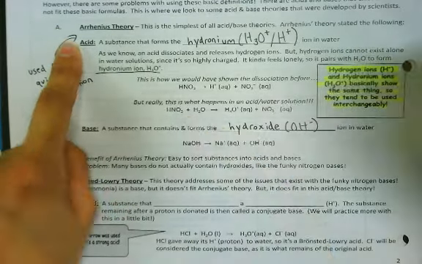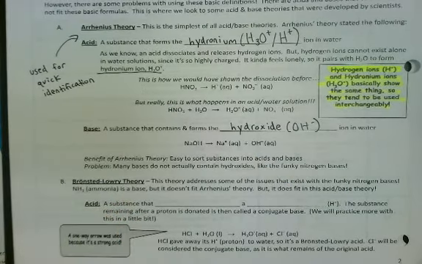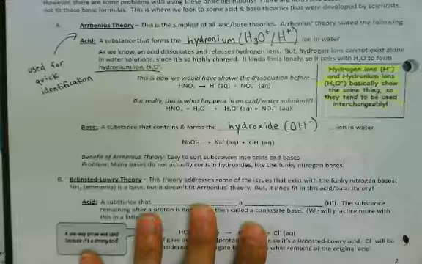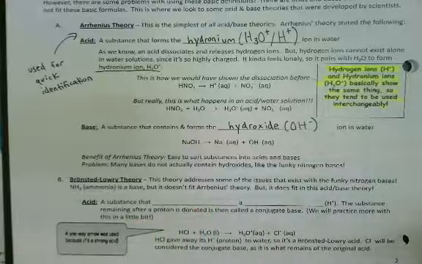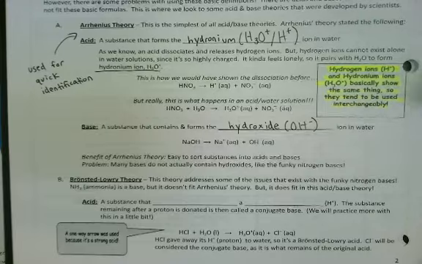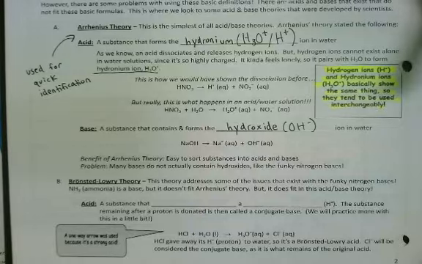The Arrhenius theory is great for quick identification, but we'll do a lot with identifying things like conjugate acids and conjugate bases, which are defined in our Bronsted-Lowry theory. They're all things that help scientists sort chemicals and put different substances into categories. We talk about all of them because they all have their own merits, advantages and disadvantages, essentially. Good question. Any other questions?